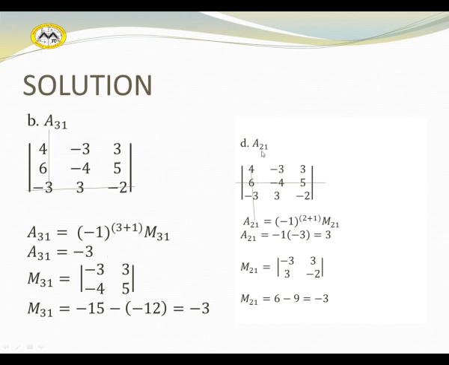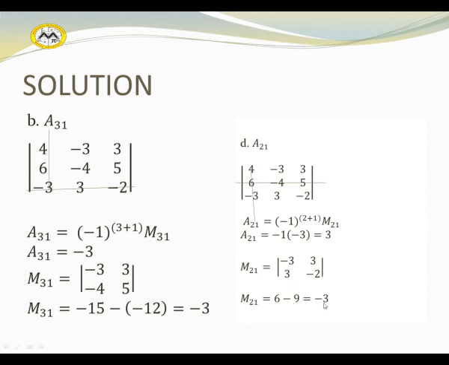Now, what is the cofactor of the element at second row and first column? Similarly, we delete the second row and first column. The remaining elements are negative 3 and 3, which serve as the first column, and 3, negative 2, which are the elements of the second column for the minor. So here, we first evaluate the minor. We have negative 3 times negative 2, that will be positive 6, minus 3 times 3, that will be 9.